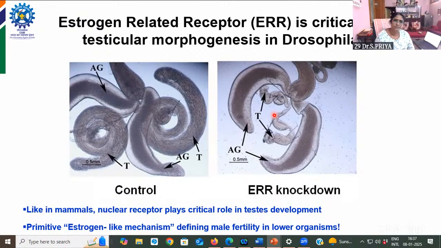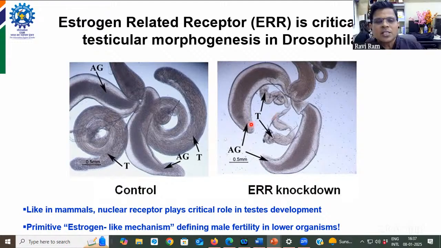Yes, sir. Okay. So this robust coil has been reduced into this tiny little testis. And what you have here is the seminal vesicle, which is normal, but the testis is highly deformed.